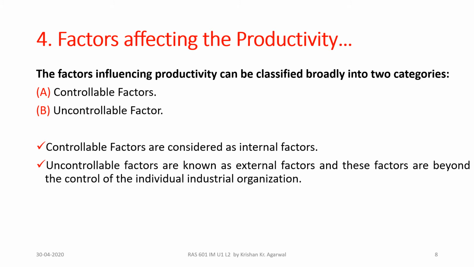Controllable factors are basically internal factors within the organization which a service provider or a manufacturer can control easily, like the manpower, machine, material, quality of material, and the technology which is being used to process the goods. These all come under the controllable factors, whereas uncontrollable factors are those which are not in the hand of the manufacturer or service provider.